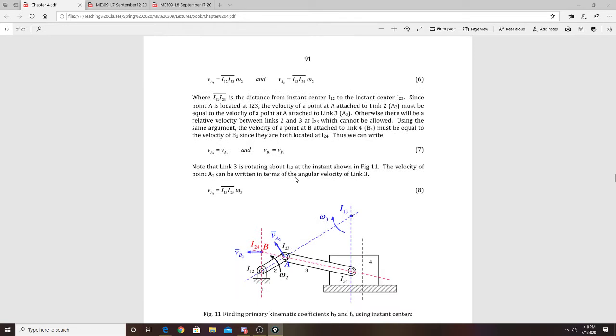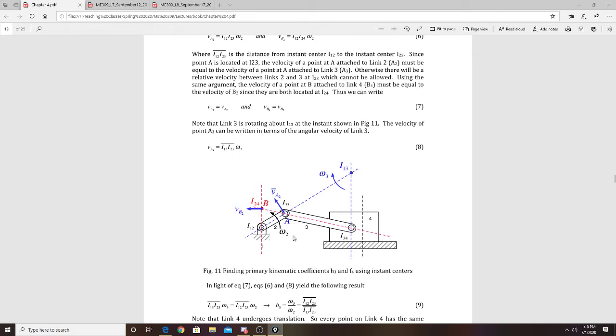And then it says, note that link 3 is rotating about I13 at the instant shown in figure 11, which is this one right here. The velocity of point A3 can be written in terms of the angular velocity of link 3. So VA3 is equal to I13 I23 omega 3.